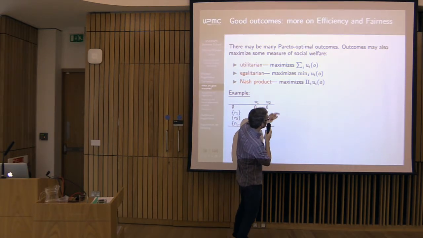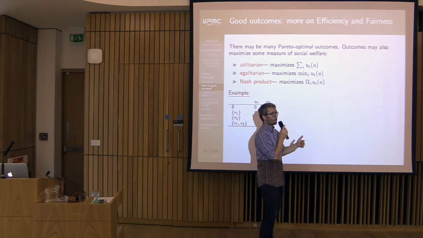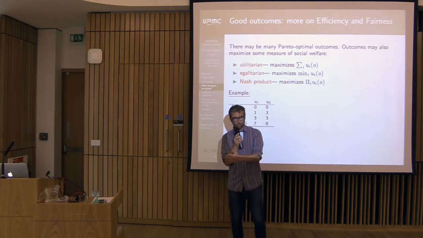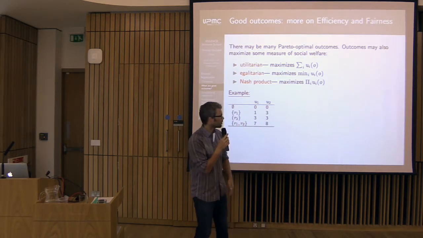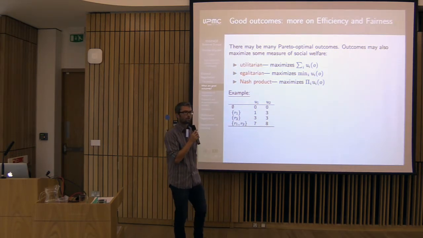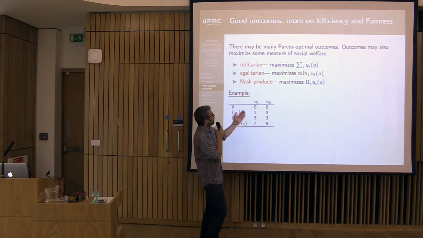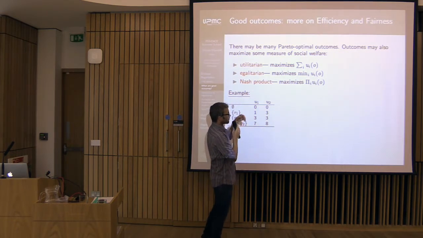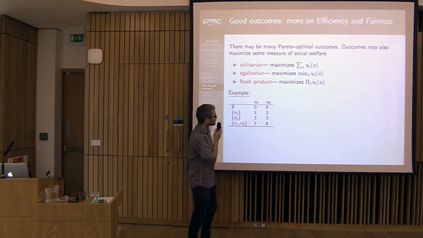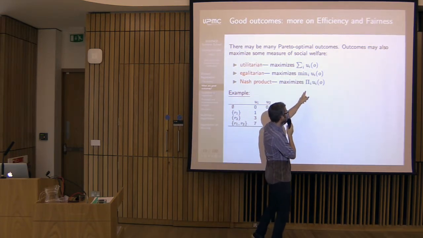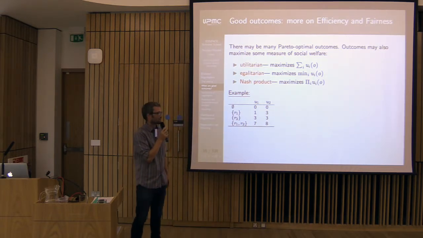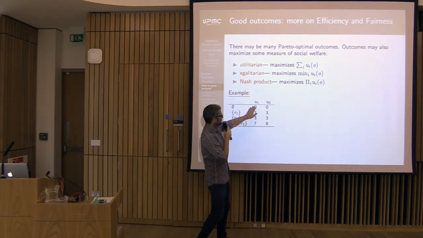You may want to maximize not the sum, but the minimum, so the utility of the agent who is the worse off in the negotiation. This is called the egalitarian, because you want to help the worse off. Or what is called Nash product, and you will understand why in a few minutes, where you want to maximize the product of utilities.